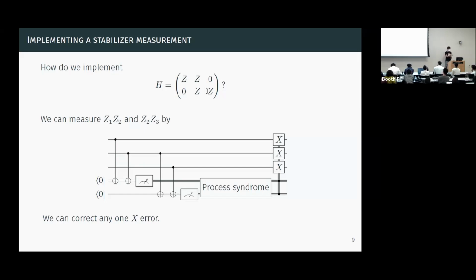So this will check each of the basis vectors in your parity check matrix one at a time, right? It will check whether it is orthogonal to 1, 1, 0, and then it will check if it's orthogonal to 0, 1, 1, or Z1 Z2, or Z2 Z3.